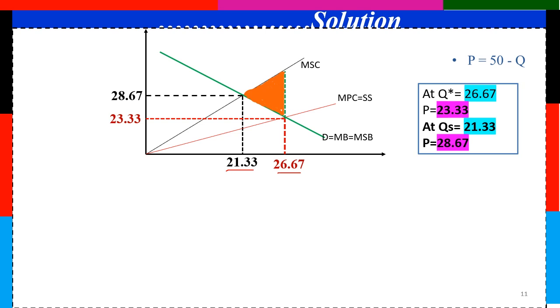And this is the price. How can you get the price? The price formula is given here. The demand curve is already given by this one. So how can you get the value of P? Put the socially optimum level of output in place of Q, and the market equilibrium output in place of Q.